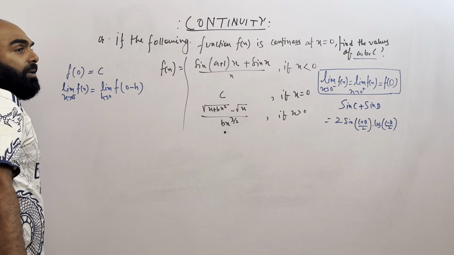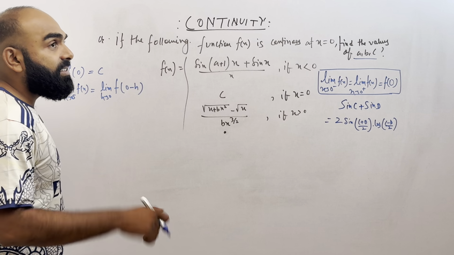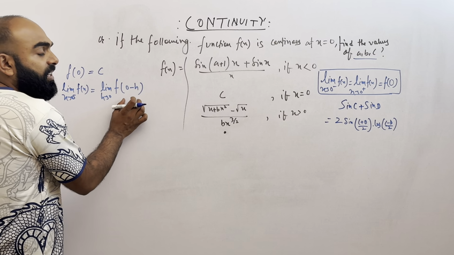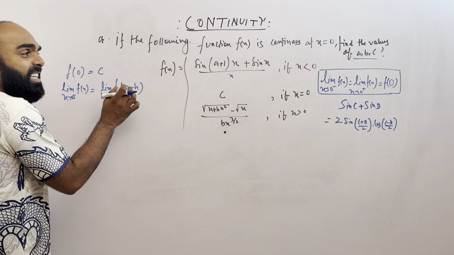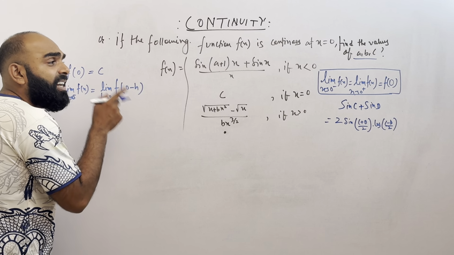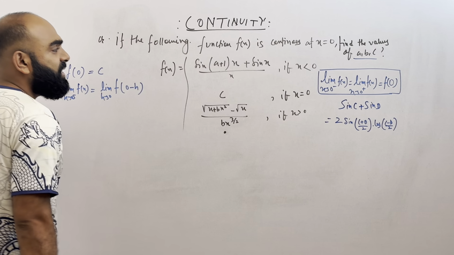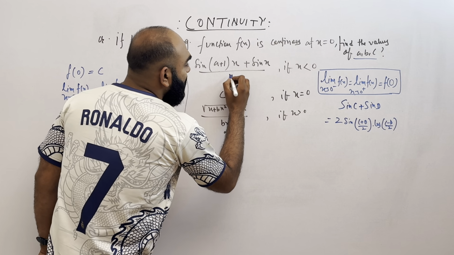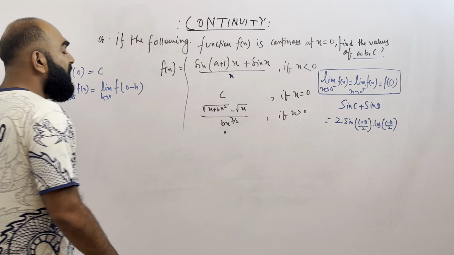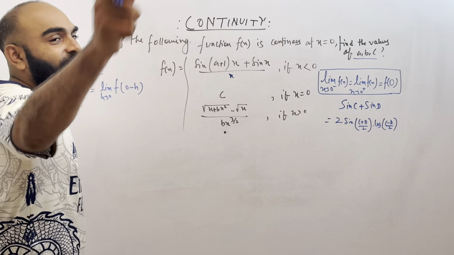Here we are finding the limit as x tends to 0 minus of f of x, meaning x less than 0, and the function is this one. Go into the function which is valid for x less than 0, and in place of x keep 0 minus h.